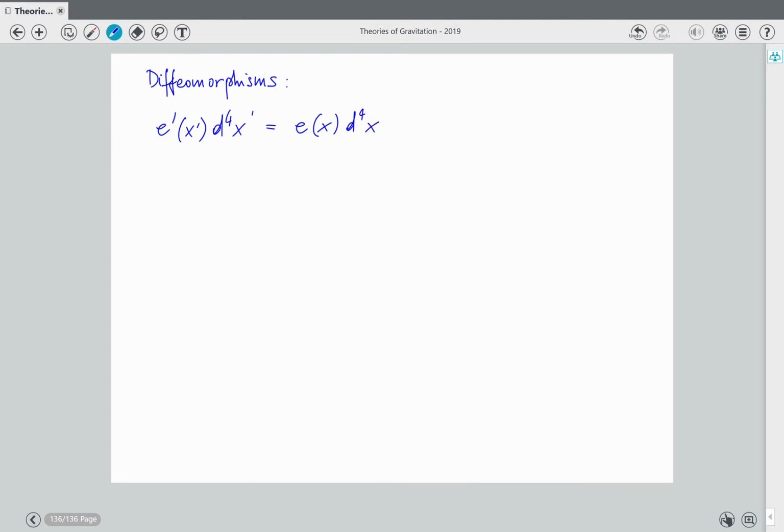Then a fermion psi, under diffeomorphisms, which are changes of coordinates, since it has no space-time indices mu, nu, rho, transforms like a scalar. And psi bar as well, because psi bar is psi dagger gamma 0. So psi bar prime x prime is equal to psi bar x.